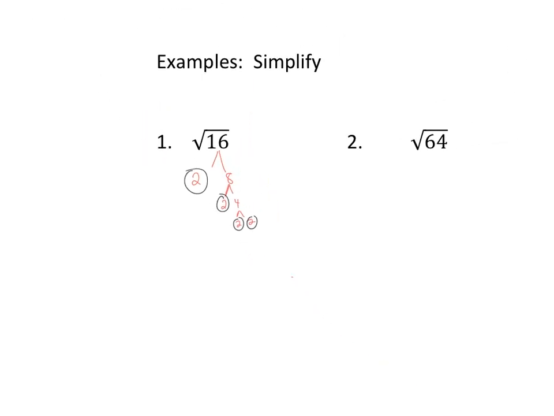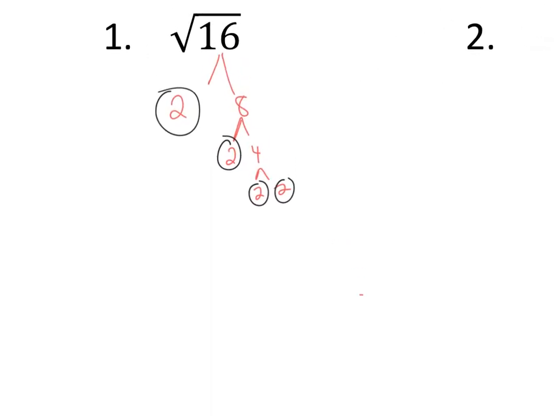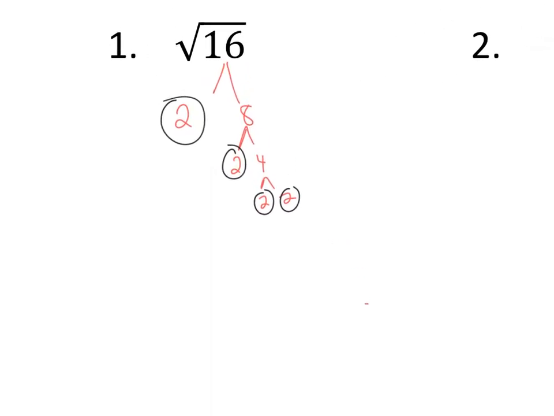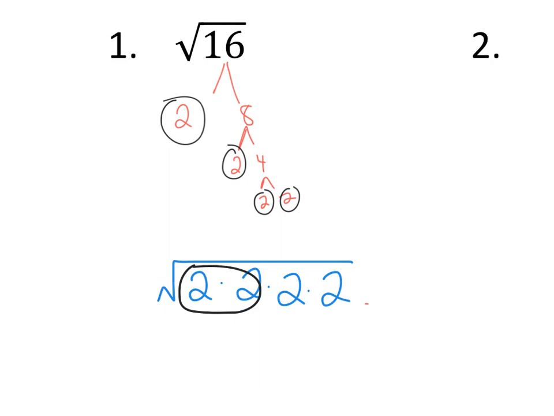Here's your next step of the radical process. You write down all the numbers we circled under the radical. So I'm now going to draw a radical symbol, and I'm going to put 4 2's under it. 1, 2, 3, 4. Here's your next step. You want to circle the doubles. I have a double here, and I have a double here.